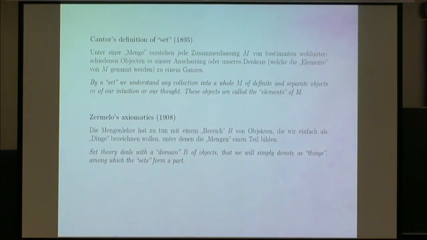Now Zermelo comes in, and he takes the Hilbertian axiomatic approach, avoiding the question of what the true nature of sets is. Zermelo says set theory deals with a domain B of objects that we will simply denote as things, among which the sets form a part.